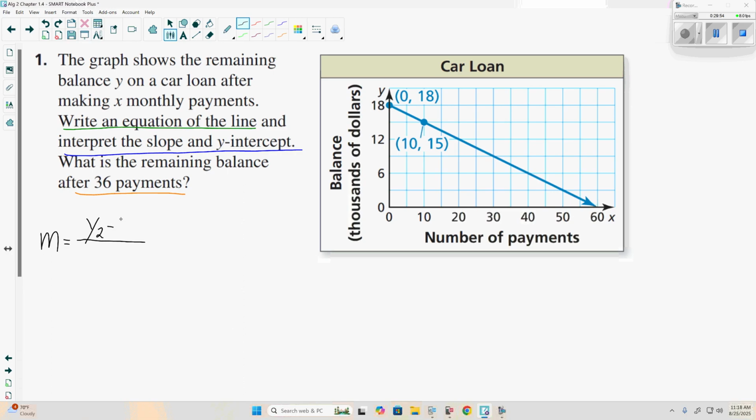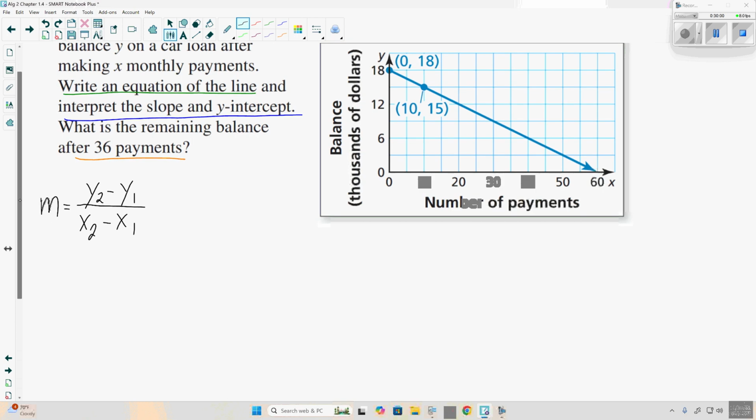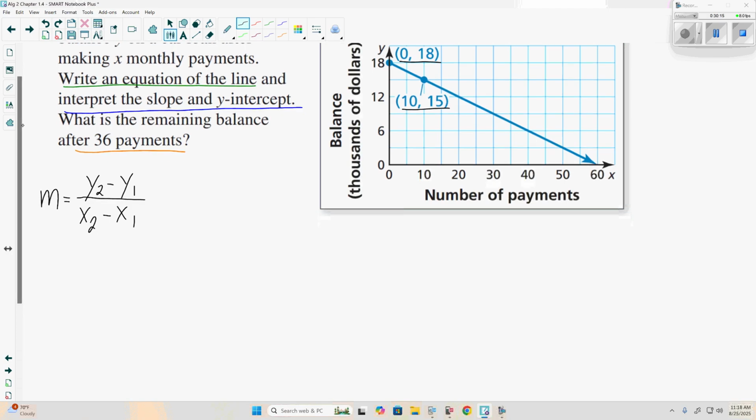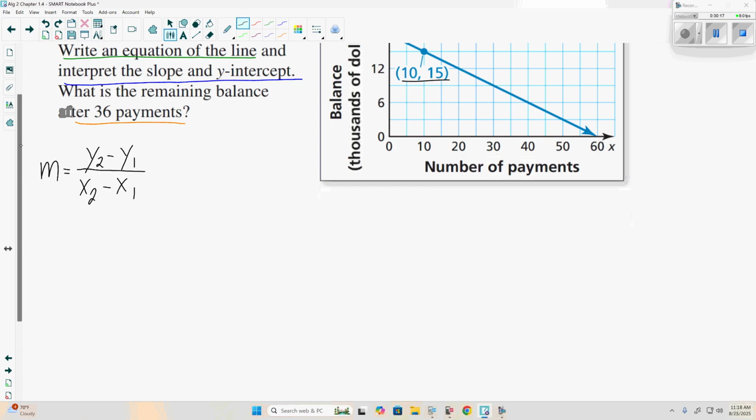First thing we can do is find the slope. We need to find the slope of this line. This time they did give us 2 points. They gave us 0, 18, and 10, 15. For the slope, give me one to go first.